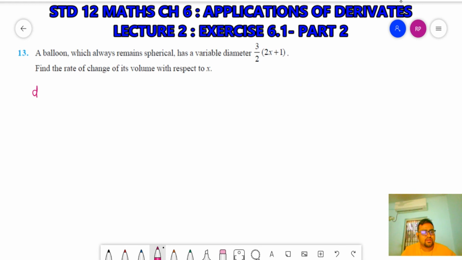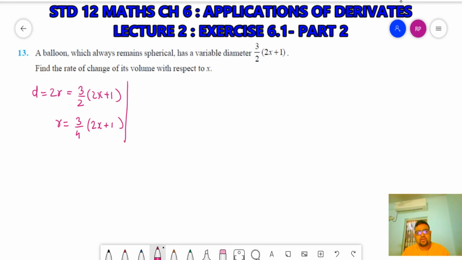So diameter will be equal to 2r, and that is equal to 3 by 2 into 2x plus 1. So r will be equal to 3 by 4 into 2x plus 1.